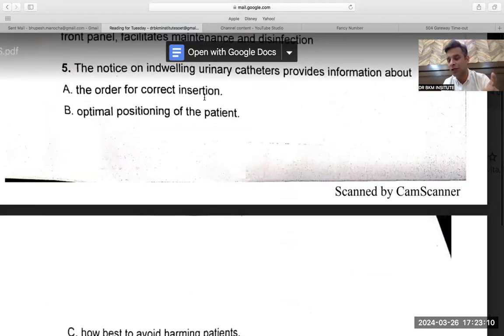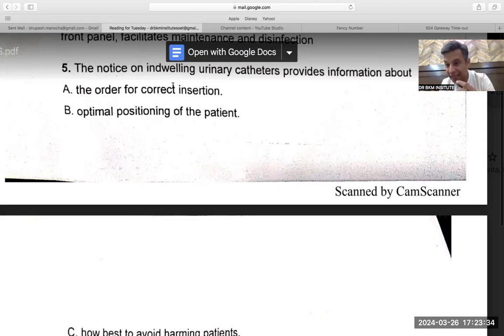The option "the order for the correct insertion" is given. It is a very good option, but the order has not been given. Order means step 1, step 2, step 3. I am not given any steps. Yes, they are talking about correct insertion, but overall the topic was not about correct insertion. The topic was about traumatic injury.